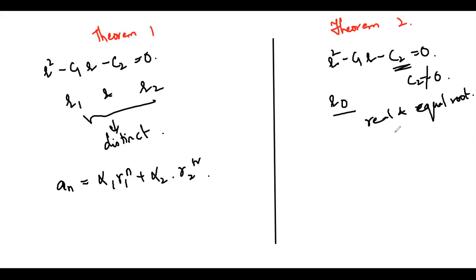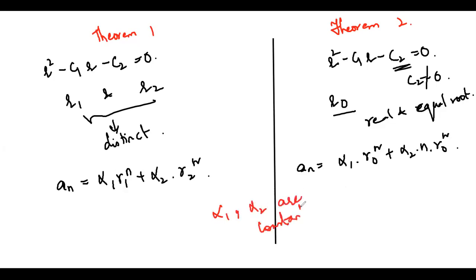Okay, c2 should not be equal to 0, and we have a real and equal root. Then your general solution will be An is equal to alpha 1 into r0 power n plus alpha 2 into n into r0 power n, where alpha 1 and alpha 2 in both the cases are constants. Okay, so this is for real and distinct.